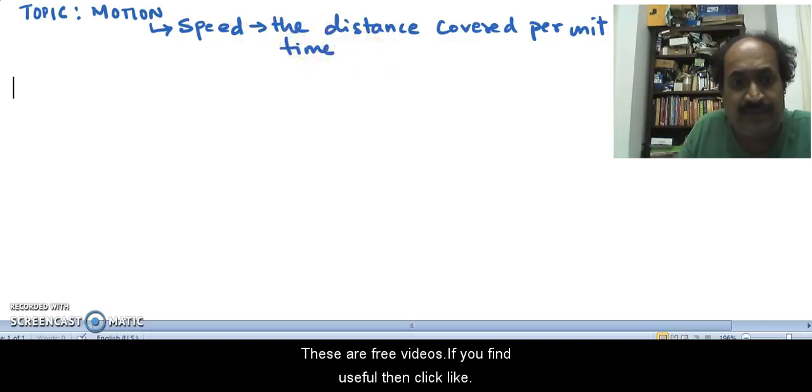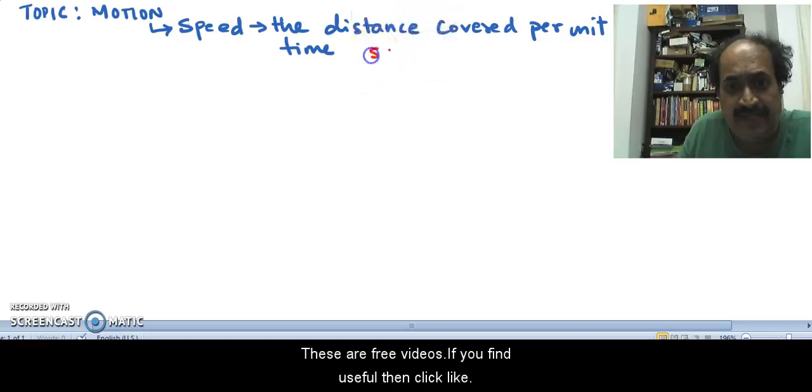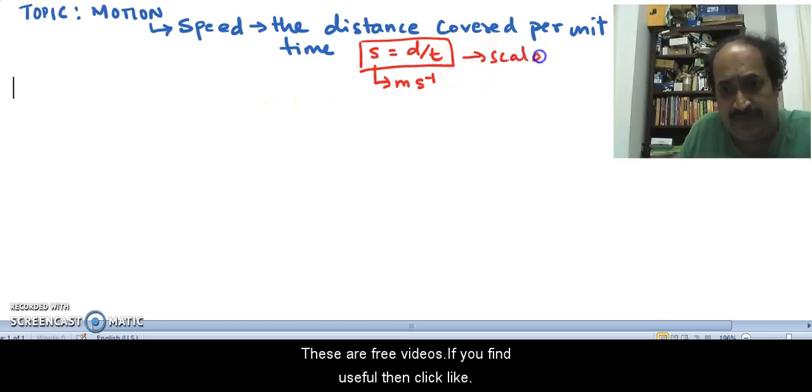In other words, this can be written as speed is equal to distance by time. Okay, so speed we know is measured as meter per second, and this is a scalar quantity.